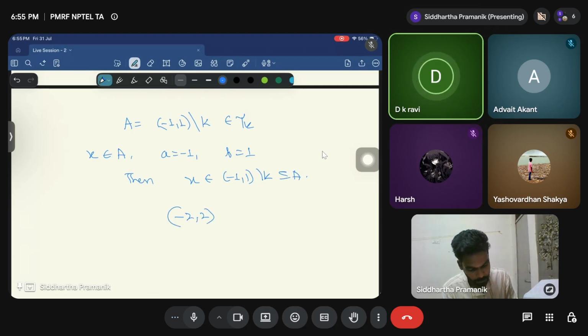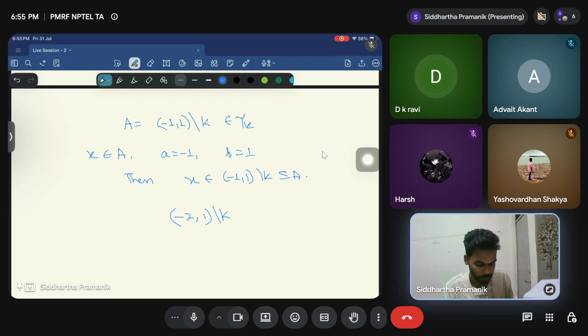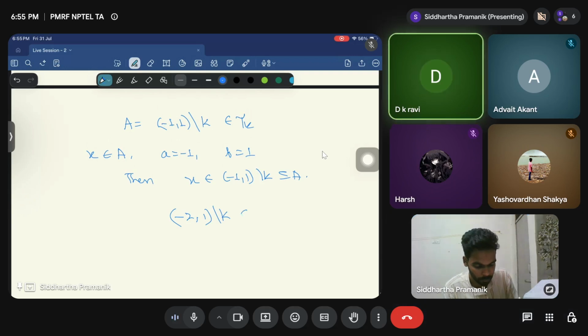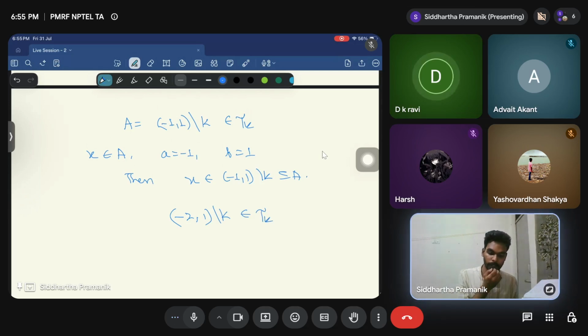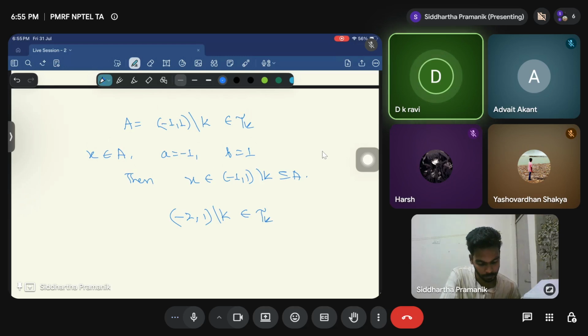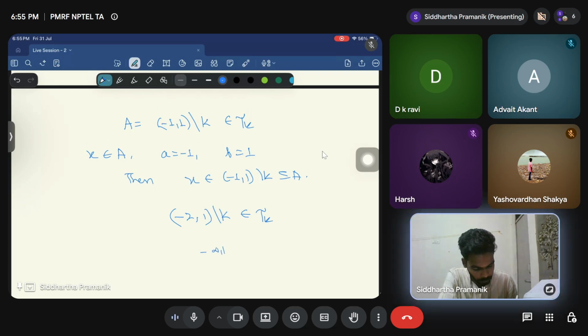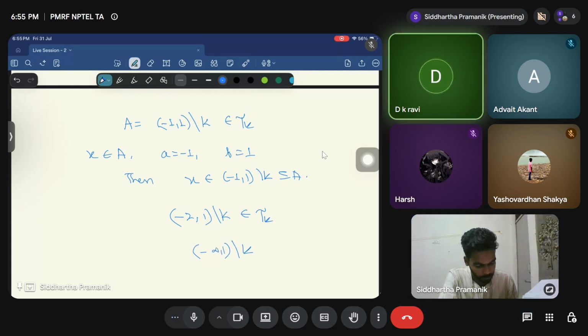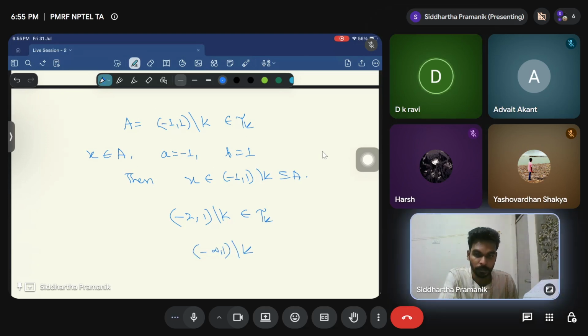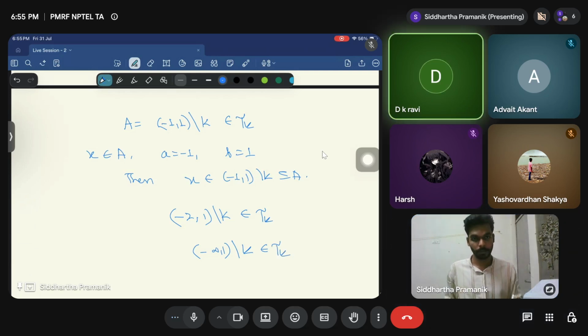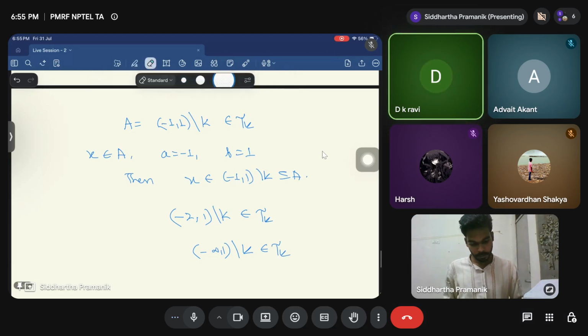If I take (-2, 1) and you are subtracting K, it will also hold, so this is also an element of tau K. Then I can say any interval (-infinity, 1), open at 1, minus K belongs to tau K. Yeah, it is an element of tau K. Okay, sir. Thank you, sir.